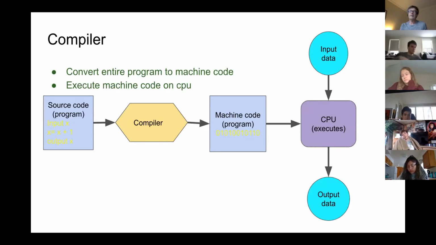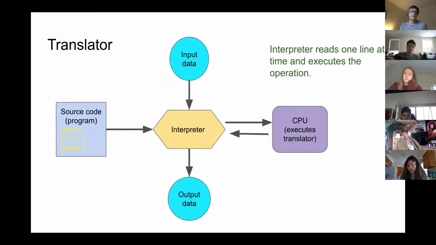So we translate it just like we translate a book from one language to another. Now an interpreter is a special program, of course, written in machine language, that interprets the source code and uses the computer to do what the program wants to do.